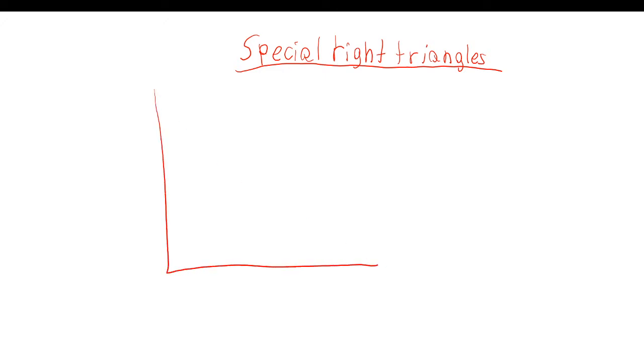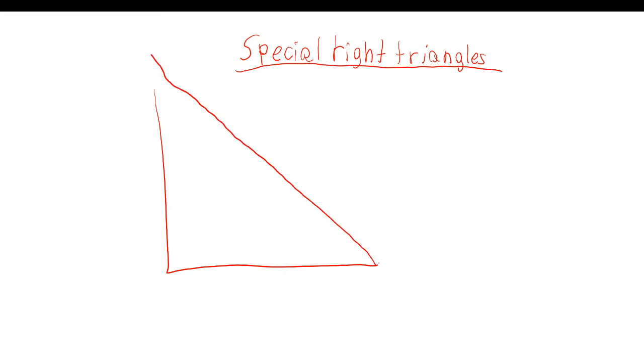We have two types of special right triangles, and if you're interested in learning more about them, I'll link the videos down in the description. I have videos with proofs showing why the relationships between the sides of certain special right triangles are true.